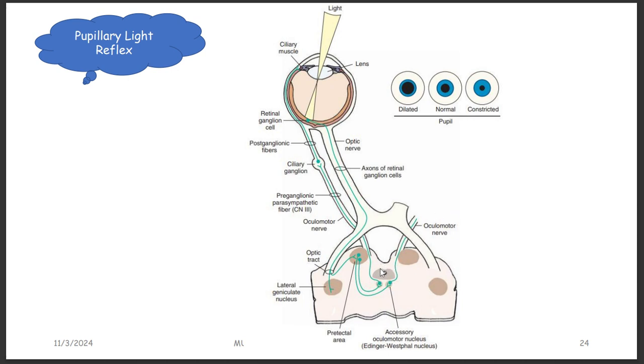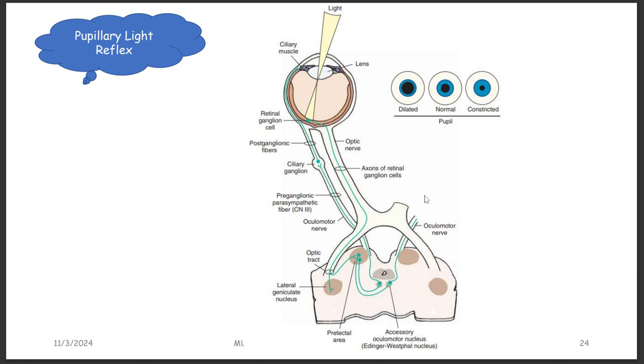Meaning that even if you have got information that has come from the pretectal area, that is supposed to go through the oculomotor to make the eye able to move, but for the fact that this oculomotor is not there, the information will still go through the oculomotor of one eye and make it contract, and then you have the pupillary light reflex.